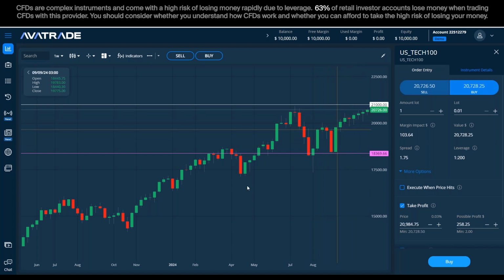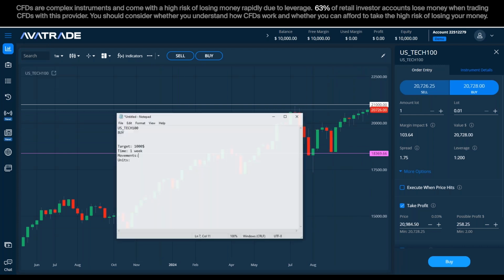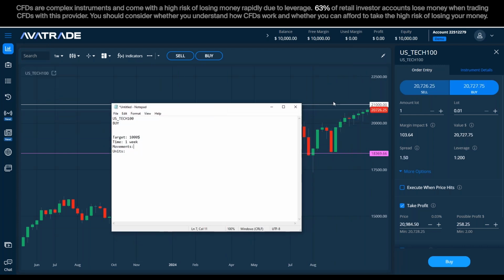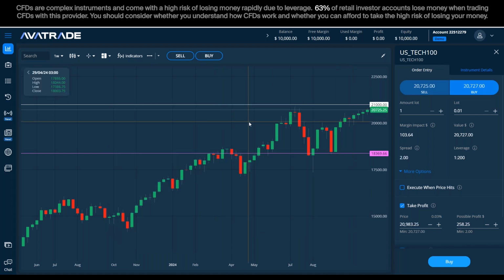Okay, to do this, I have to jot down the numbers and start dividing all the differences between the intervals. This is very time consuming, and to teach you that with the time we have, we're not going to do that. So instead we're going to apply an indicator that does this for us automatically.